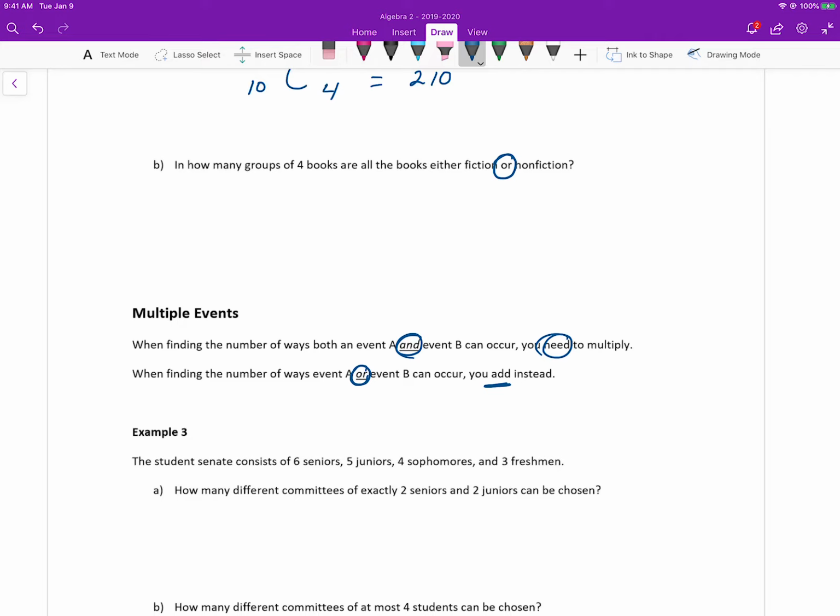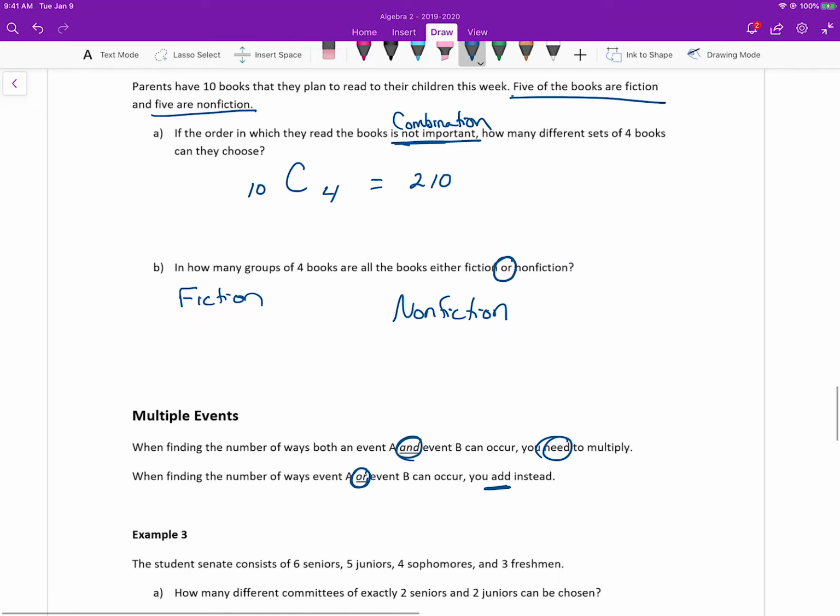So what I mean by that is in this problem, we have how many groups of fiction or nonfiction. So I'm going to almost think of it as 2 separate problems. First we're going to have how many groups for fiction, and then how many groups for nonfiction. It's a little messy. Let me redo this just like I would in class. Nonfiction. Okay. And if we go back to the original problem, it said 5 books are fiction, so we had 5 fiction, and let's say all of them were fiction.